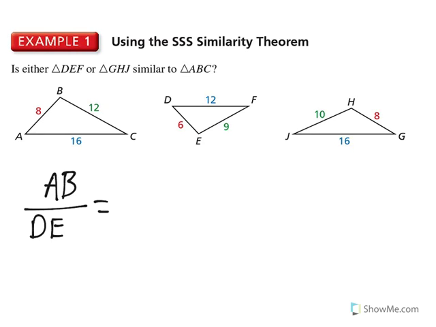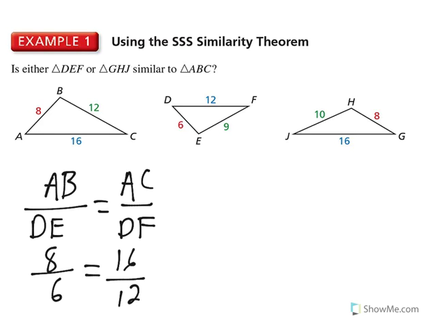And then I'm going to do my largest side. So AB is my smallest, my largest is AC, and my largest on DEF is going to be DF. And now I'm going to plug them in. So AB is 8, DE is 6, AC is 16, and DF is 12.